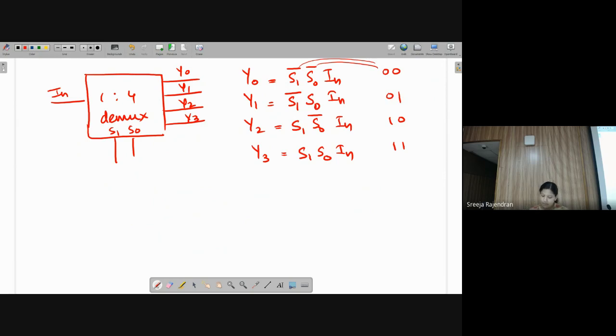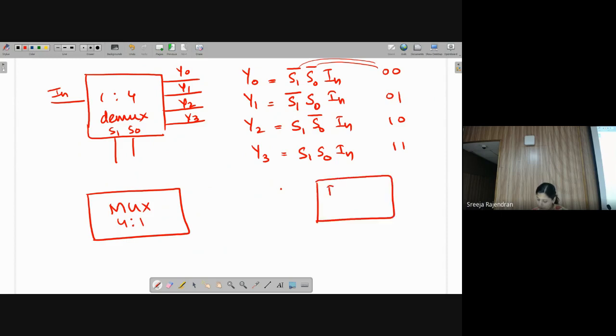Now usually mux and demux are found together, for data communication. So we have a multiplexer here, I call it a 4 is to 1 mux. Here I have a demux, which is 1 is to 4. So this is at the sender end, and this is at the receiver end. I have a channel through which data is sent. In a 4 is to 1 mux, I have 4 input lines and 2 select lines.